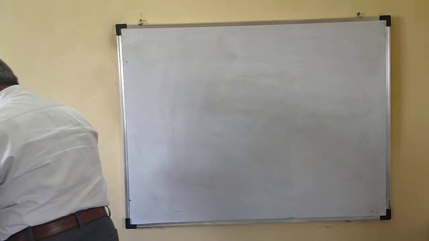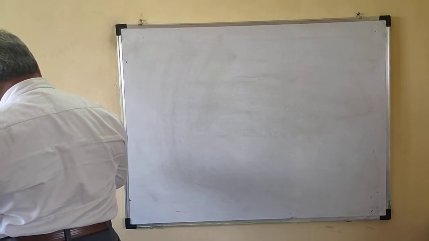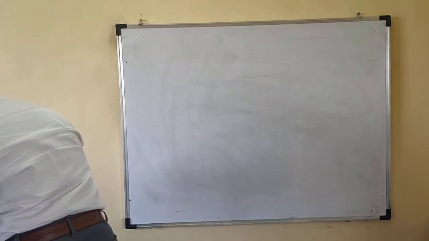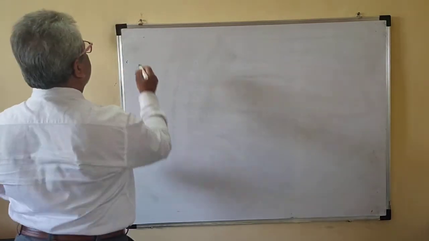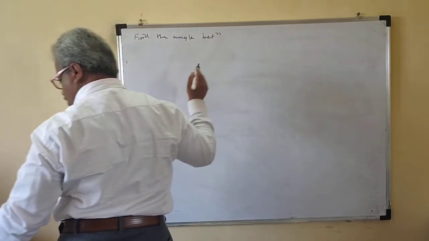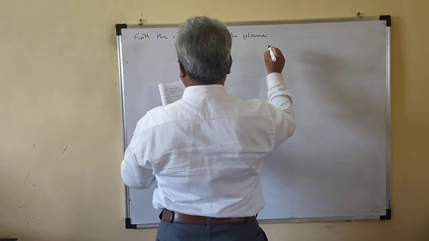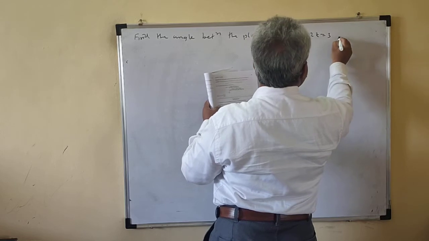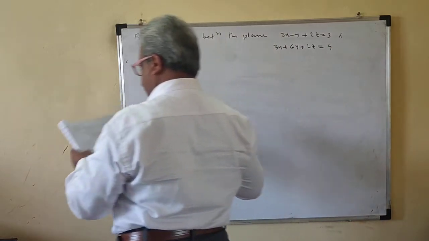We take one more problem. Find the angle between the planes 2x minus y plus 2z is equal to 3 and 3x plus 6y plus 2z is equal to 4.